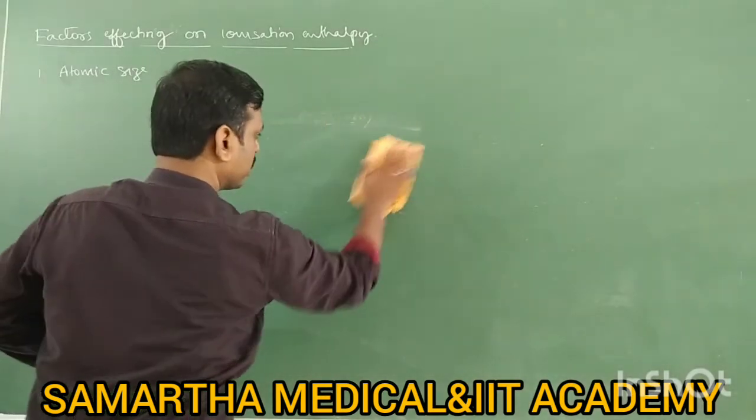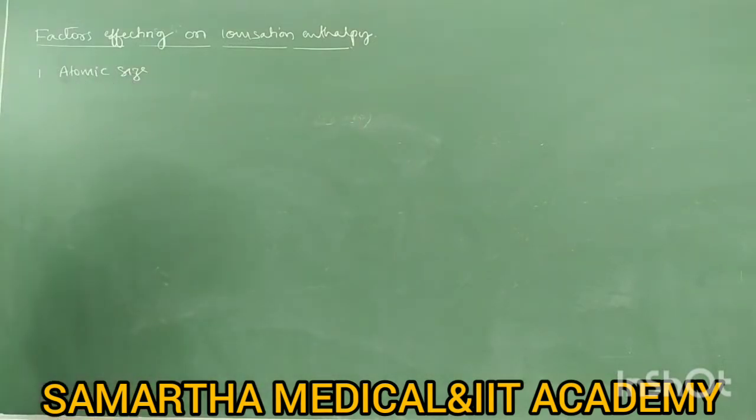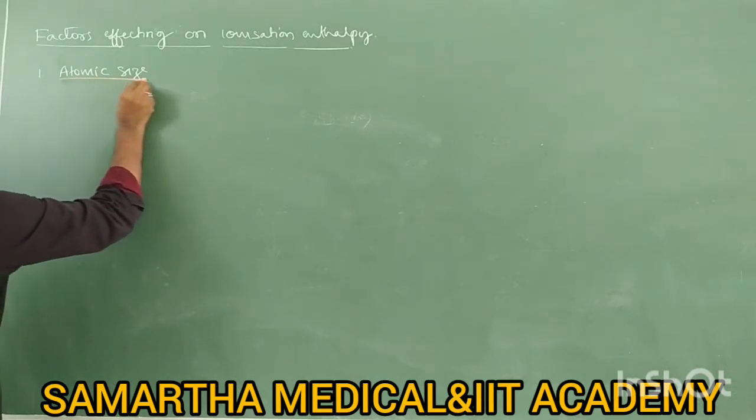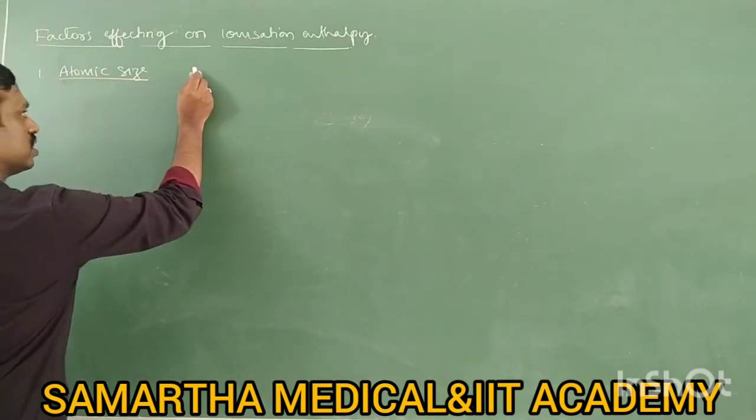Let's see in detail one by one. First one, atomic size. So how does ionization enthalpy vary when atomic size changes? This we have already studied.